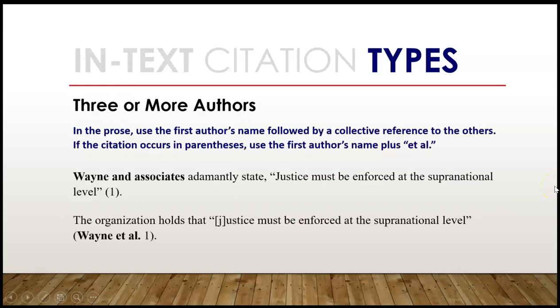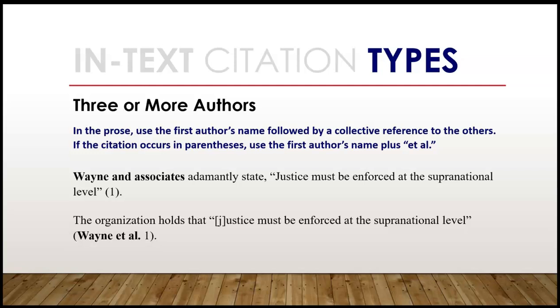What do you do if you have 3 or more authors? In the prose, your sentences, use the first author's name followed by a collective reference to the others. If the citation occurs in parentheses, use the first author's name plus et al., which is Latin for and others, I believe. So let's see how that works in a sentence.